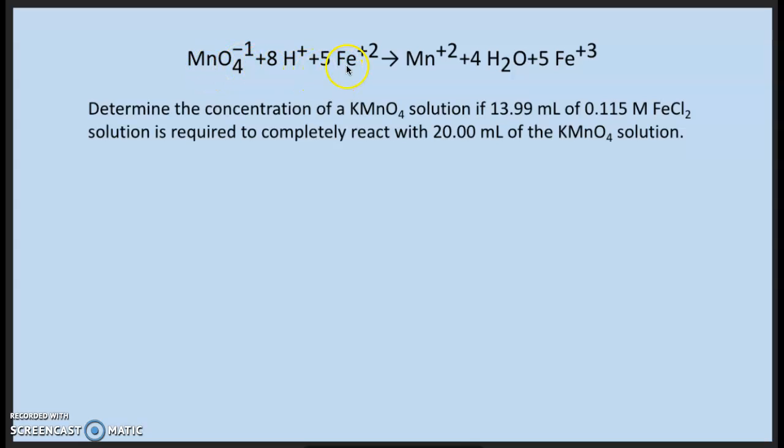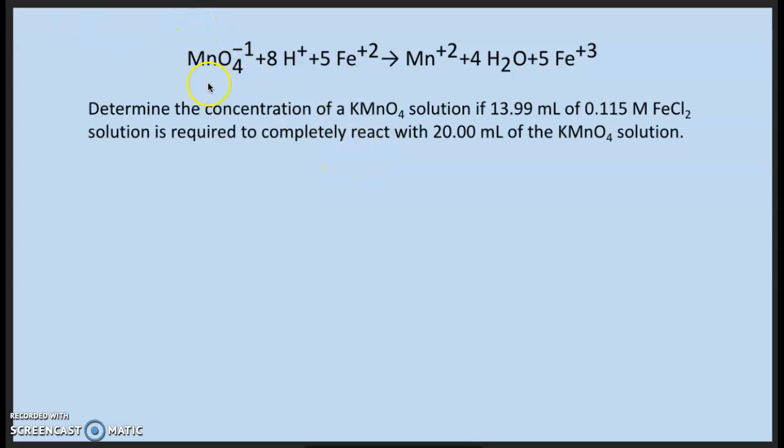Permanganate is reacting with iron 2 ion to make manganese 2 ion and iron 3 ion. And we see that we've got everything balanced up here already. The question is, determine the concentration of a potassium permanganate solution if 13.99 milliliters of 0.115 molar iron 2 chloride solution is required to completely react with 20 milliliters of the potassium permanganate solution.